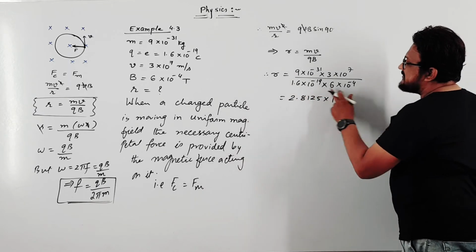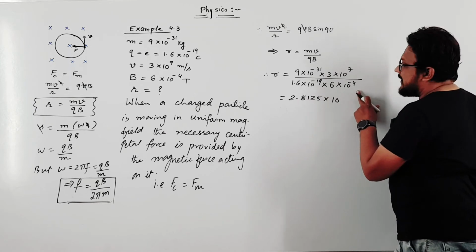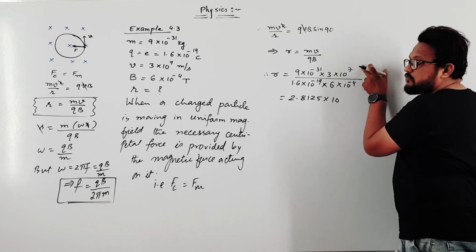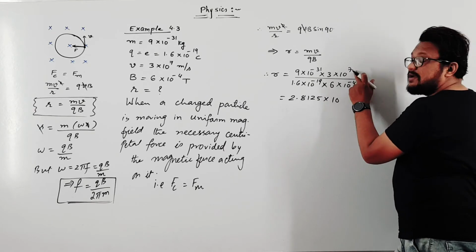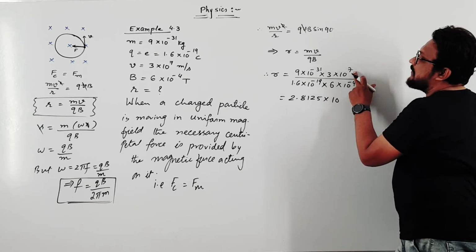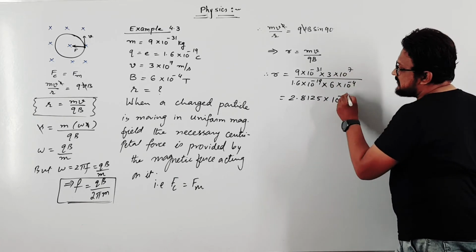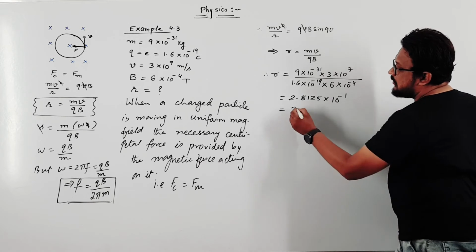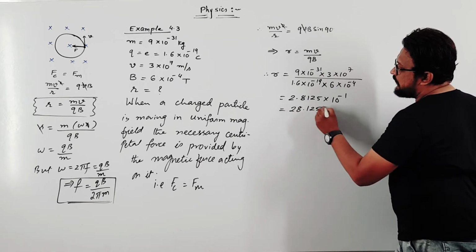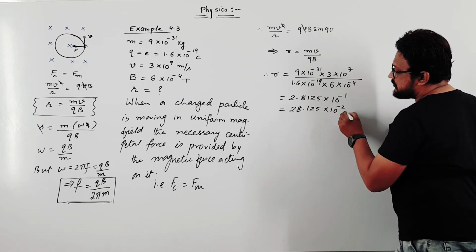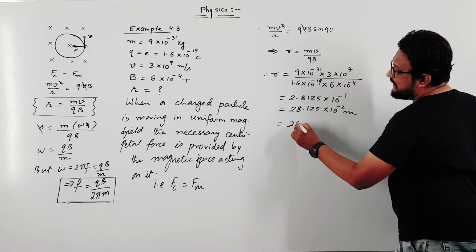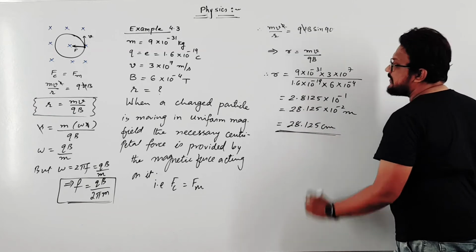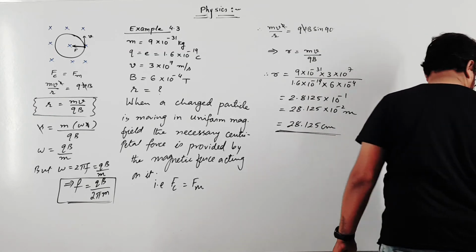Look, minus 19 minus 4 is minus 23. Minus 23 will move up, so plus 23. Plus 23 plus 7 is 30. 30 minus 31 is minus 1. So you can write this as 28.125 into 10 to the power minus 2 meter, or 28.125 centimeter. This will be the radius of that circular path. Clear?